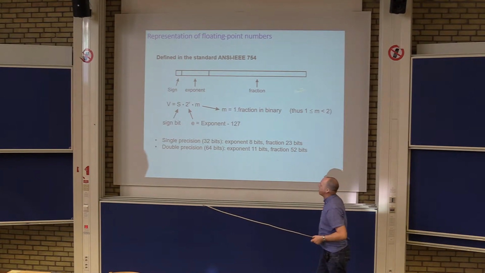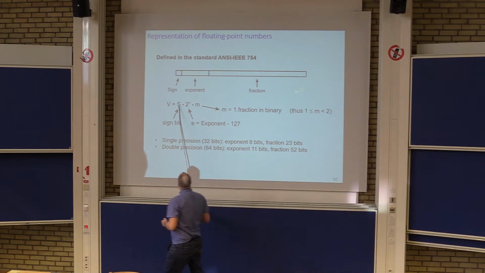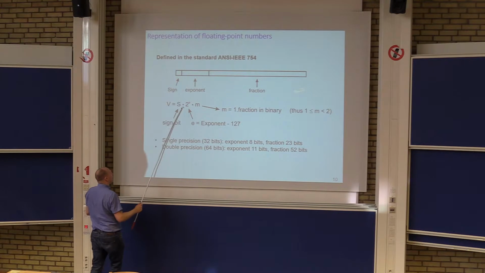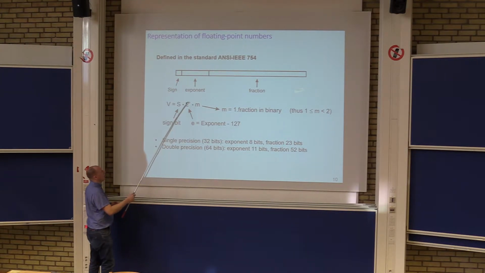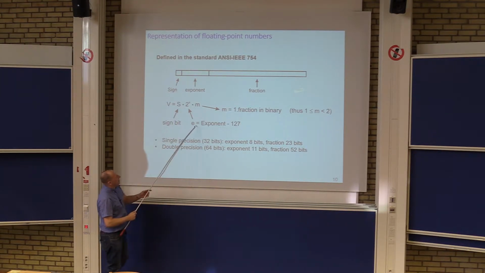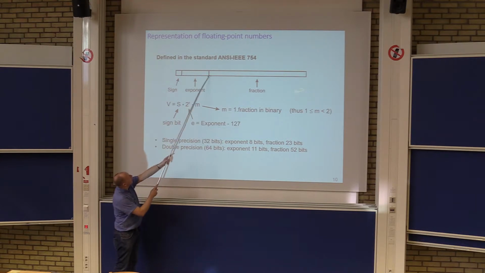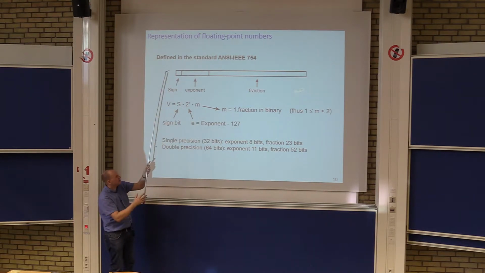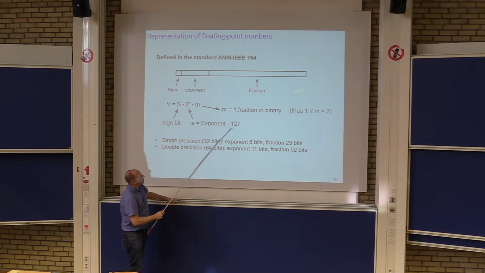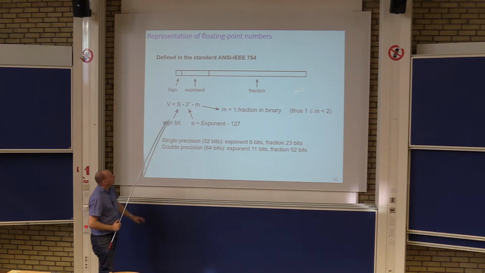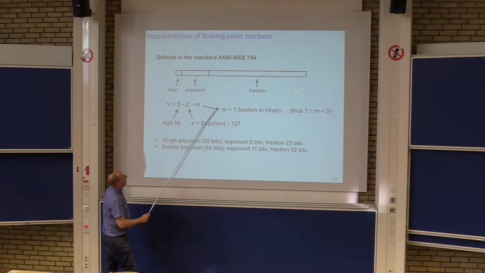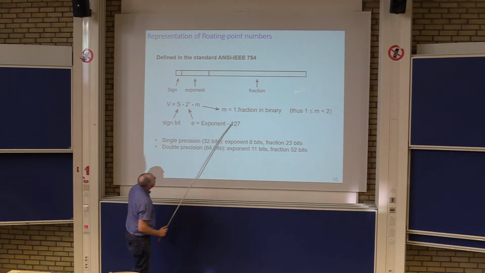And the value of this number is then the sign bit times 2 to the power of e. And e here is then the exponent, the bit field here, interpreted as a decimal number, minus 127. And then you have the fraction part here in binary.